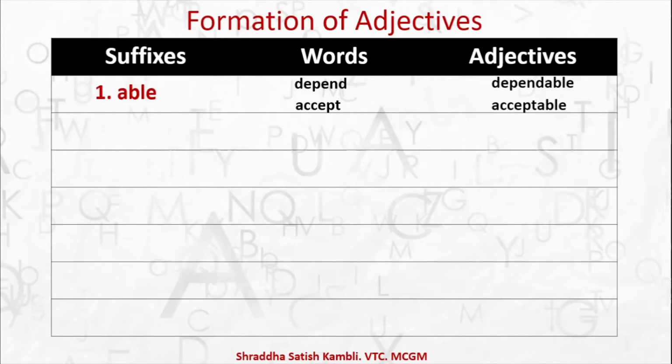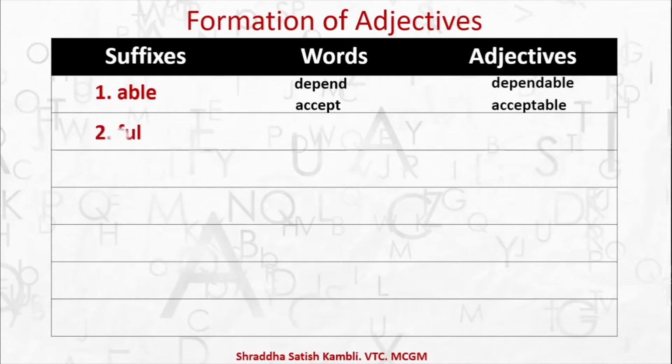Now see, I will show you just two examples of each. There are a number of examples and words you can find in the dictionary. Okay, so you can refer to that also. There is a limitation on how many examples we can do here together. So you always have the dictionary with you, so you can pick up the dictionary and try adding the suffixes to see what words are made.